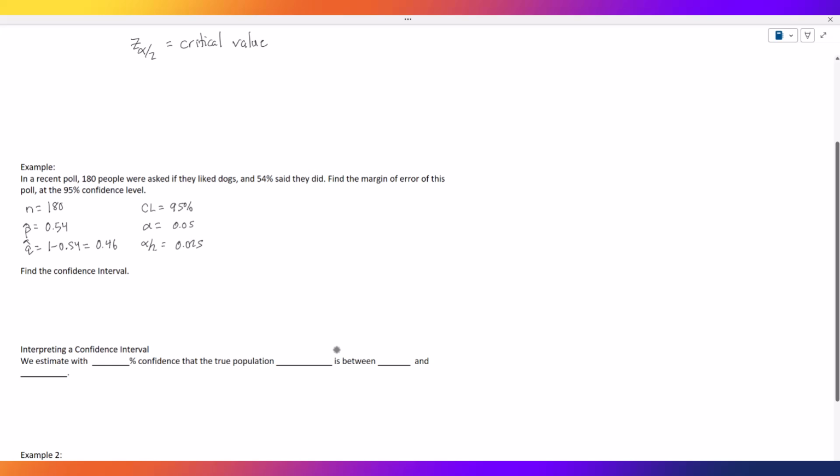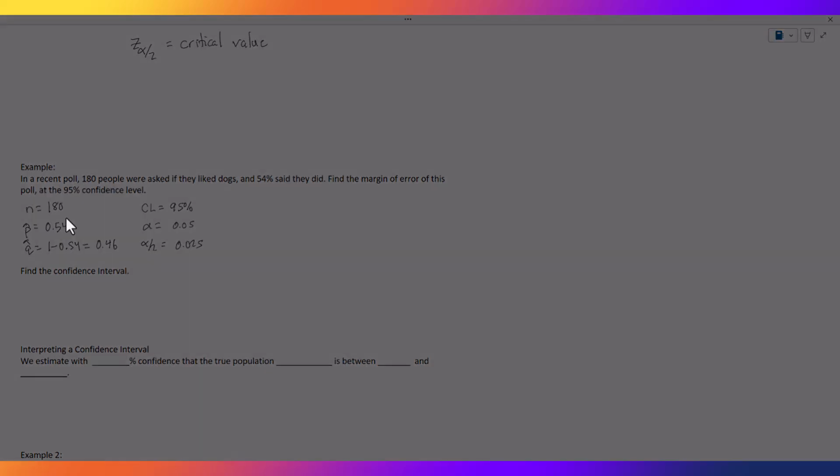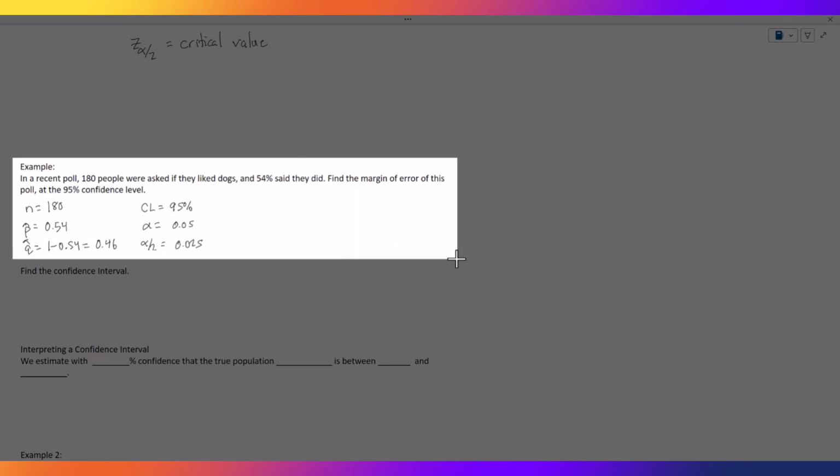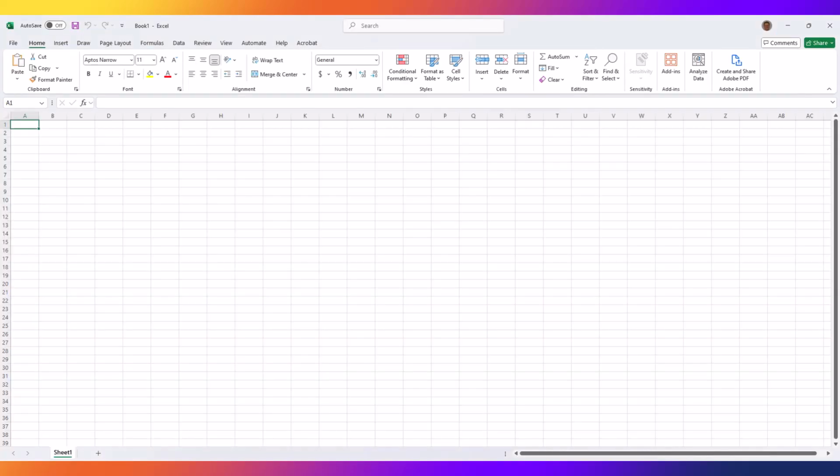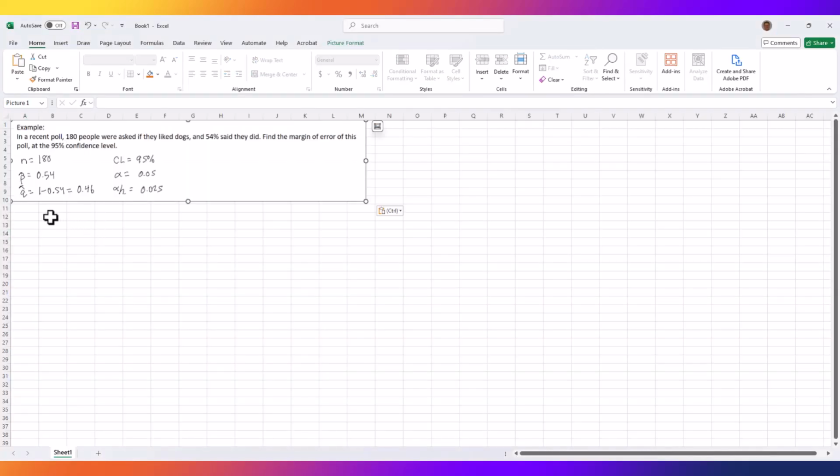So I'm going to actually jump over to Excel to finish this problem. And again, a lot of times with Excel, I do the same kind of thing here.